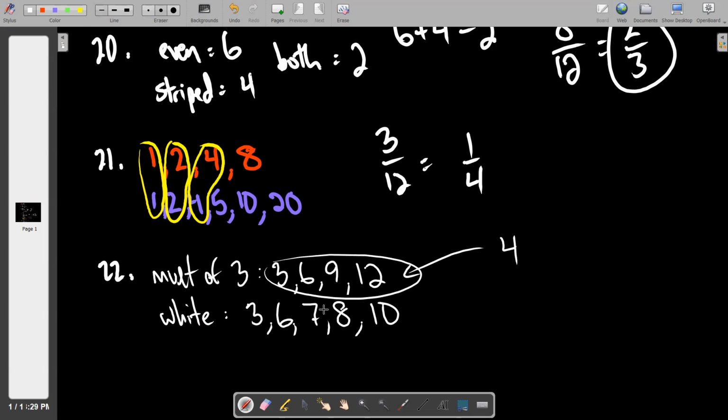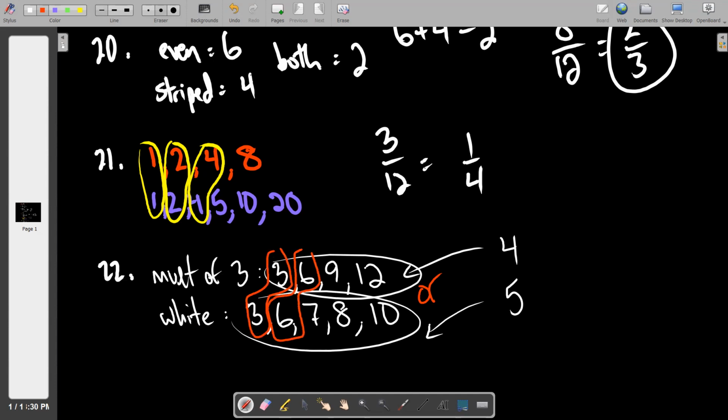There are 4 multiples of 3. How many white cards are there? 5. But we have to subtract 2 because it's an OR problem, and the 3 and the 6 are on both lists. The 3 is like, hey, you can count me as a multiple of 3, or you can count me as a white card, but you can't count me twice. So that's why for the 3 and the 6, we take out 2. And so we do 4 plus 5, which is 9, and then 9 minus 2, which is 7.